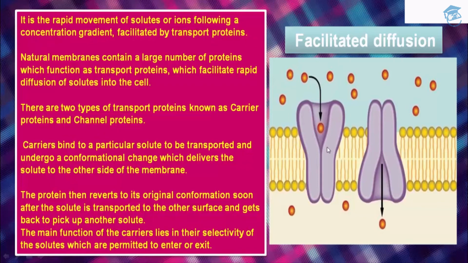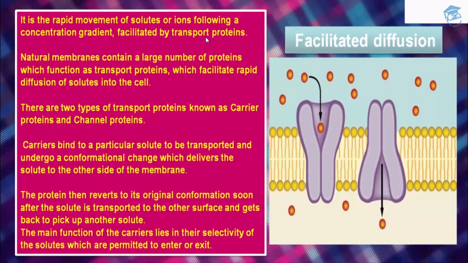Okay, that means these are the transport proteins that allow or facilitate the diffusion. So it is a rapid movement of solute or ion following a concentration gradient facilitated by transport proteins, students.